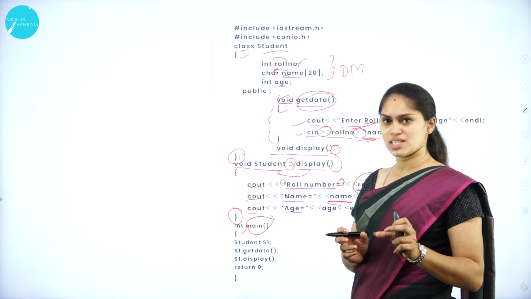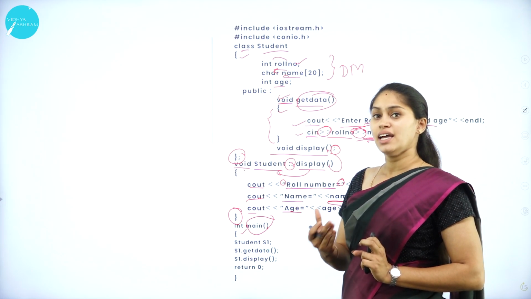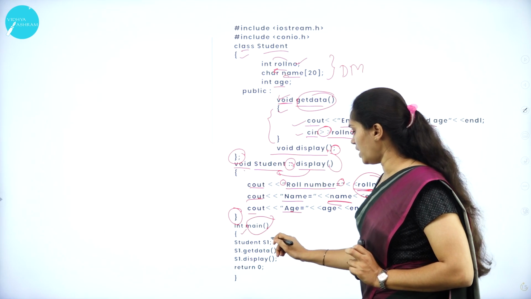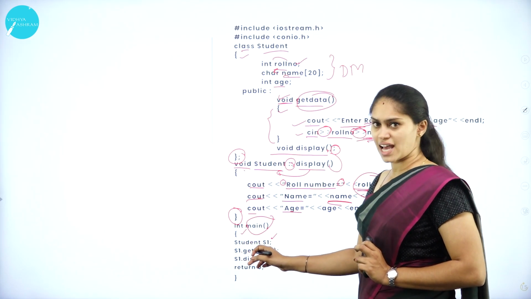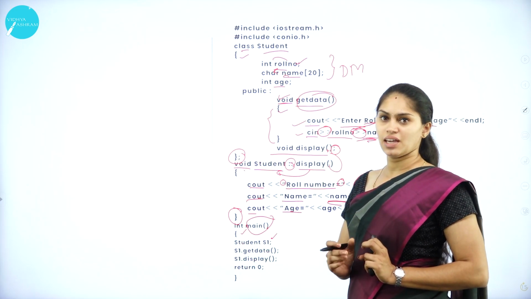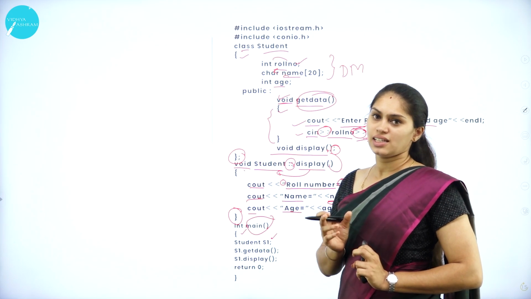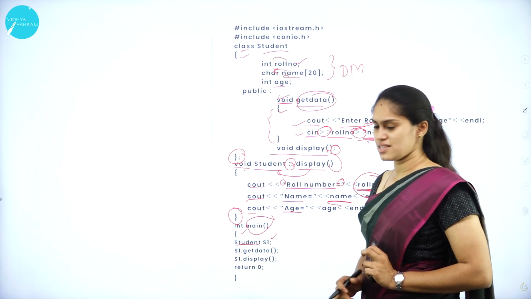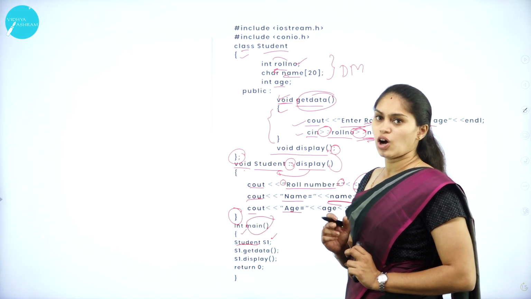First we need to specify the class name and object's name, and I can create n number of objects for a particular class, but I am creating only one object called S1. Preceding to this class name, I can also use the keyword class, but that is optional, so I am not using that class keyword. So here I am taking student as a class name, and the object name is S1.